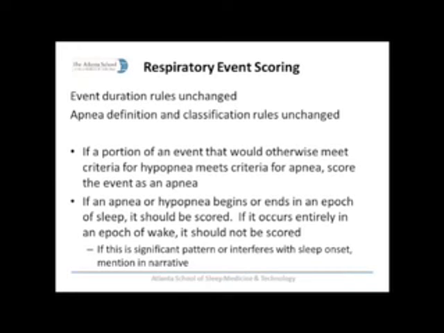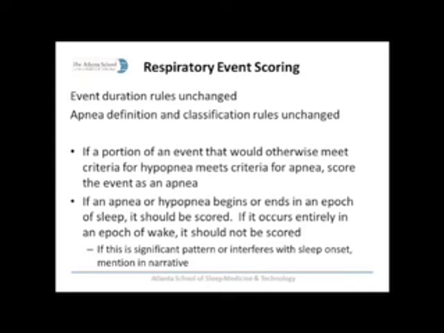And again, for respiratory effort, recommended is esophageal manometry or dual RIP belts, and acceptable would be dual PVDF belts. Well, those were the technical recommendations for recording respiratory activity.